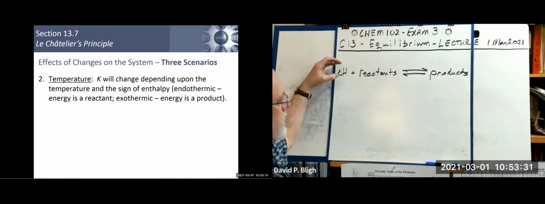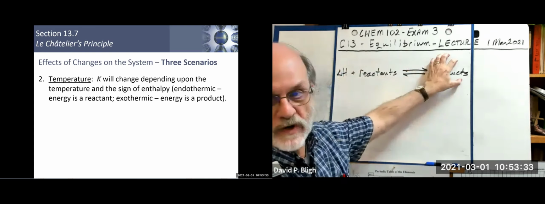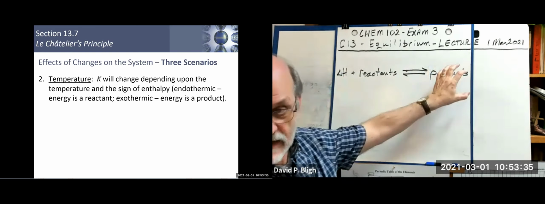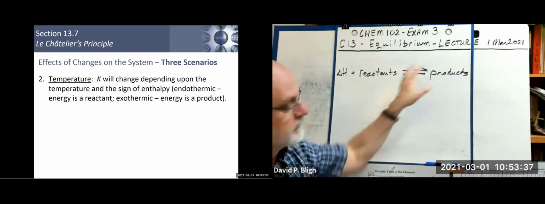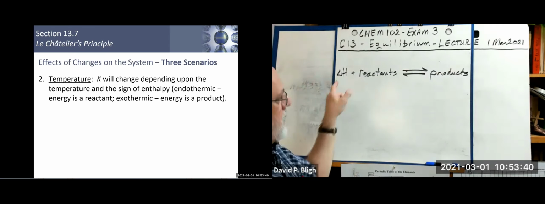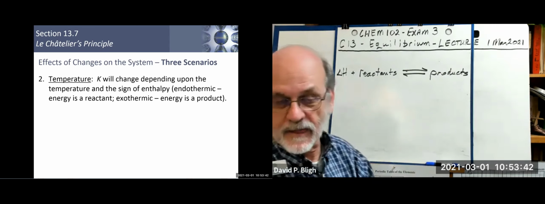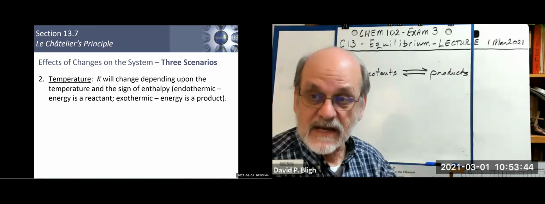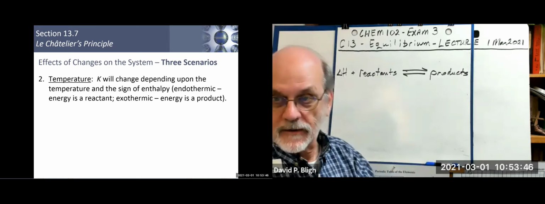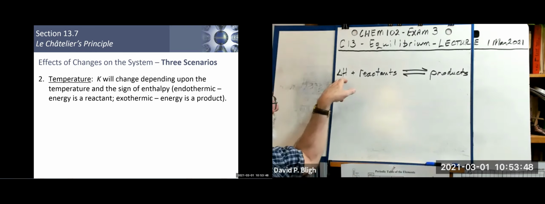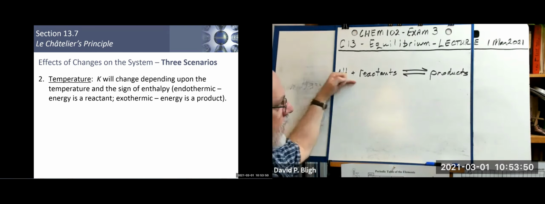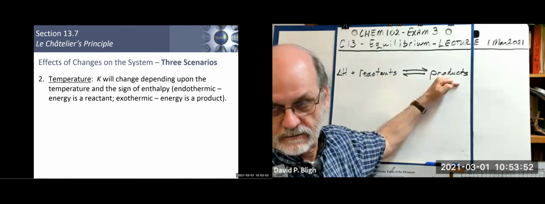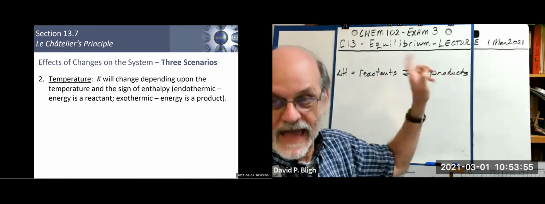So the heat goes into the reaction and is stored in the products, right? That's why the temperature decreases typically. So with that term as a reactant, what if you add heat? You increase the temperature. If you add heat, you're adding this component, which drives the reaction toward products. Okay, endothermic reaction.